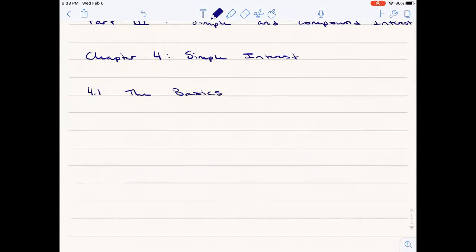Okay, so 4.1 is called the basics. And just like in the other sections, we kind of cover this material and then we leave it for a little bit, but it's just good knowledge to have. And so I want to spend today just going through how do we deal with exponents and how do we deal with logarithms and why do we need them, why do we use them.